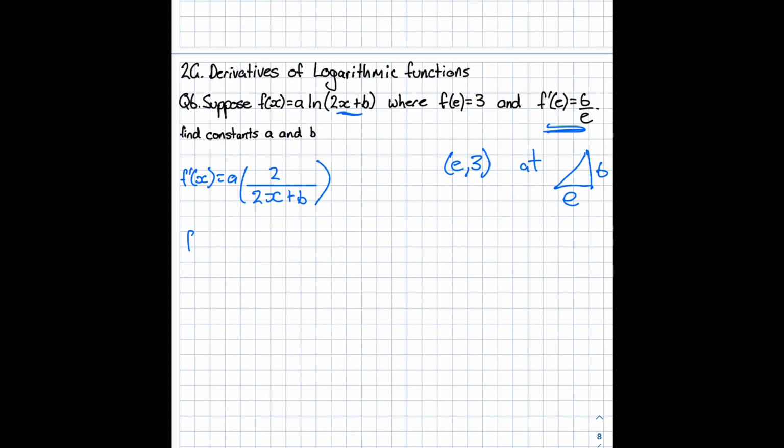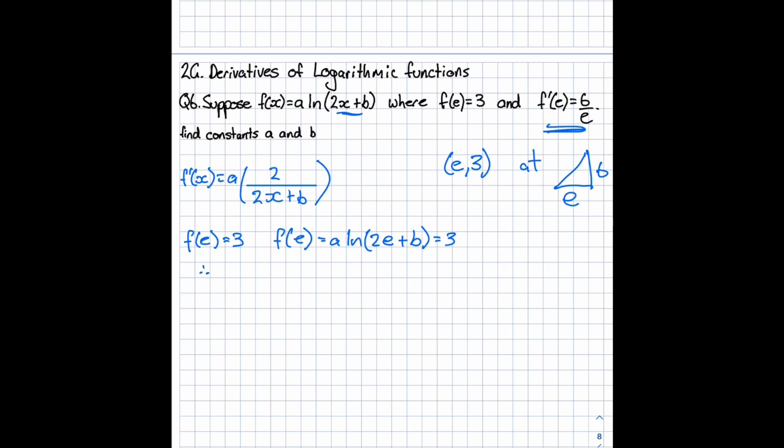So we've got f of e. I've gone back to my original function, not the derivative function. And I've got f of e equals 3, which means f of e also equals a ln 2e plus b, and that equals 3.